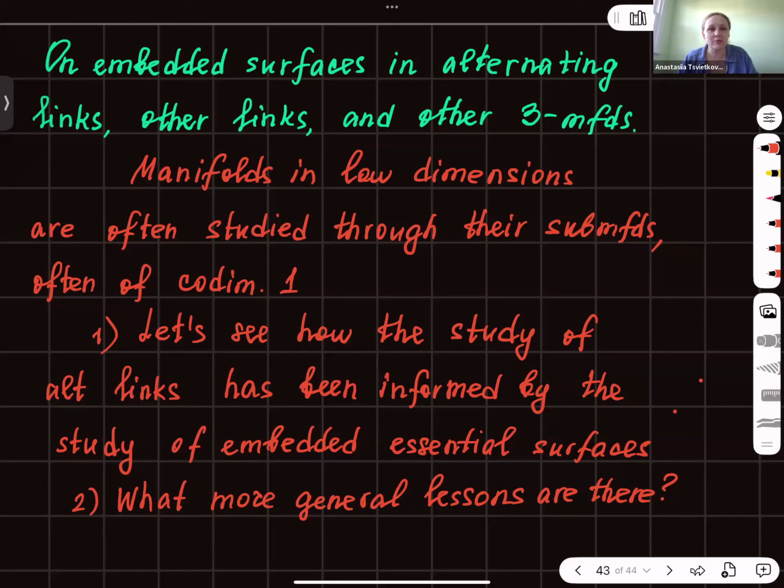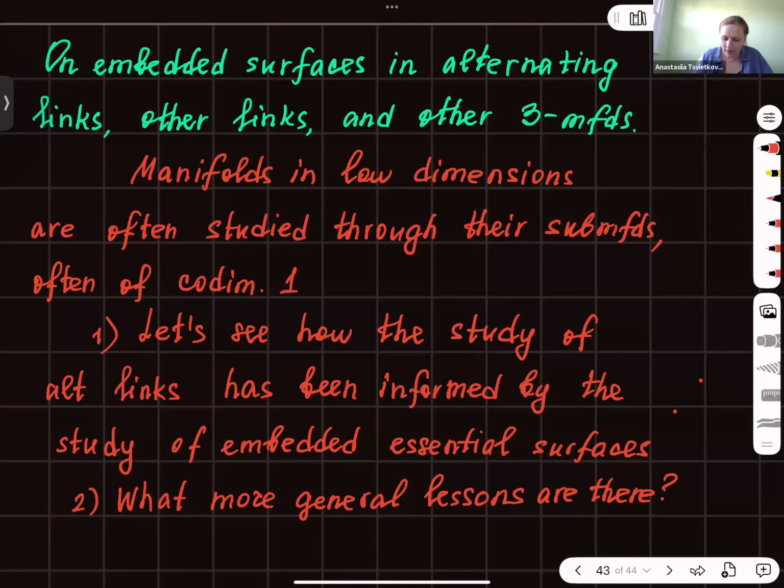Eventually I'll be talking about links that are not alternating anymore, that do not lie in the 3-sphere anymore. In fact, I'd like to talk about hyperbolic 3-manifolds, all hyperbolic 3-manifolds with cusps, and how some results got intuition from this initial study of just alternating links in 3-spheres and embedded surfaces there.